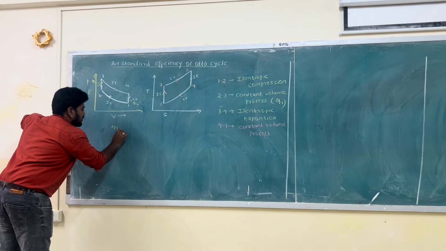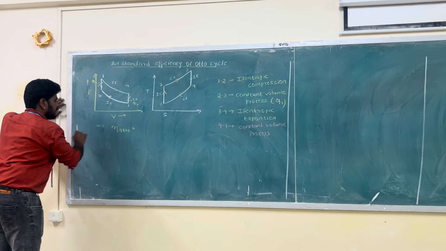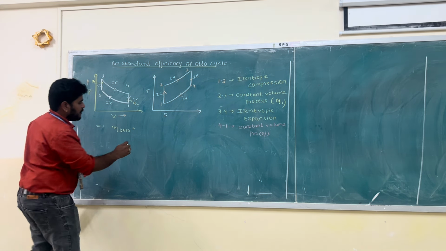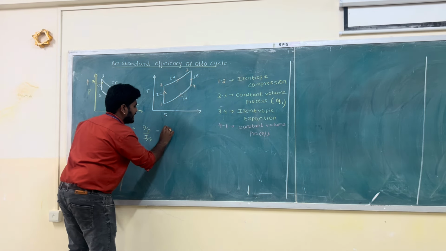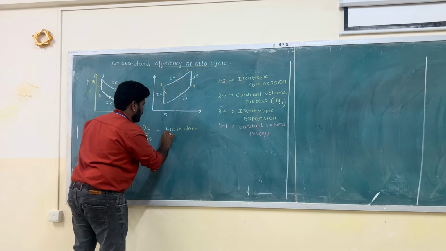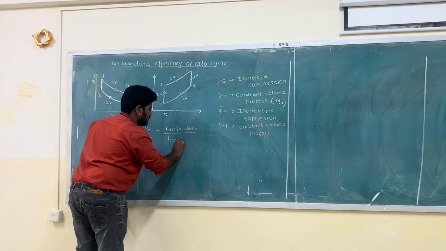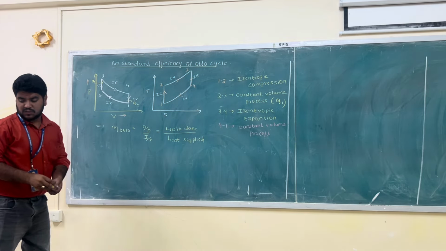The efficiency is given by the formula work output divided by input, or we can also take it as work done divided by heat supplied.